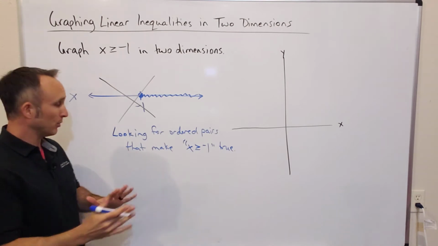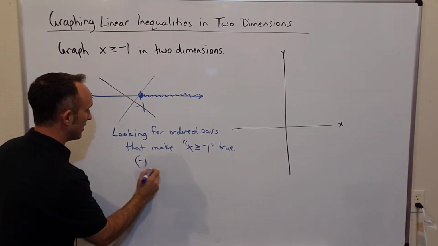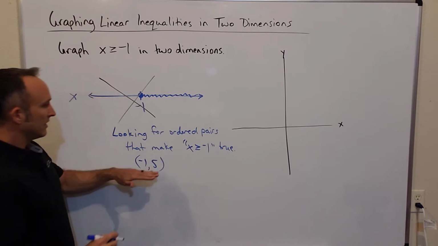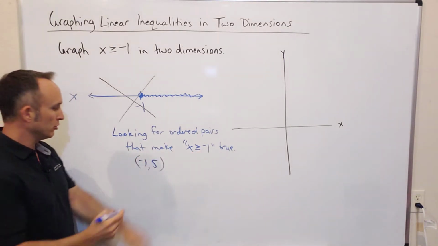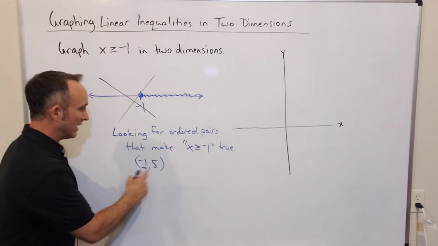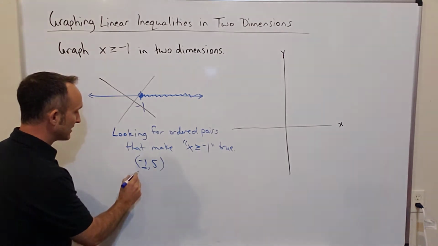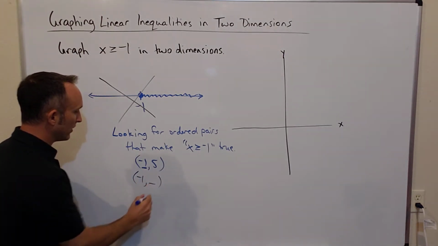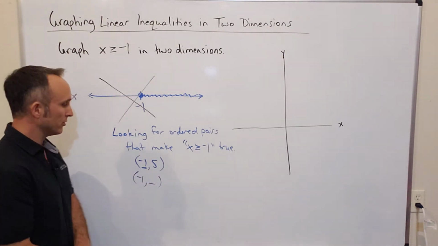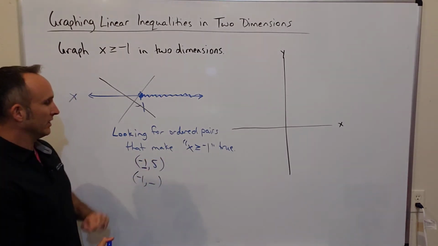So for example, an ordered pair, let's say -1, 5. This ordered pair makes this true because the x value equals -1 and -1 is greater than or equal to -1. In fact, any ordered pair with an x value of -1 will make it true because x can equal -1.